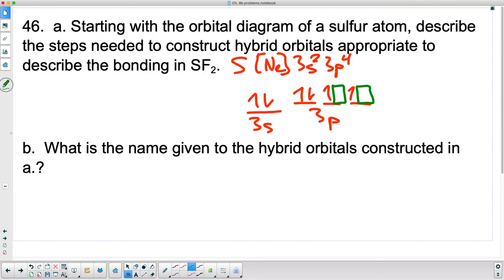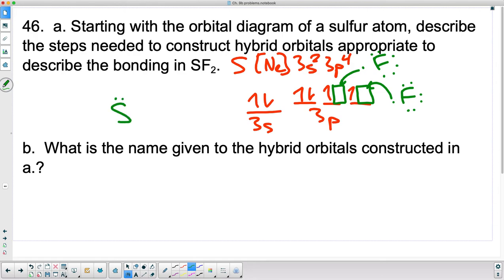So my F, like this, has 1 goes here, and 1 goes there, like that. So now this still all hybridizes to sp3 because we have 4 places where we have it. It really does come down to this.